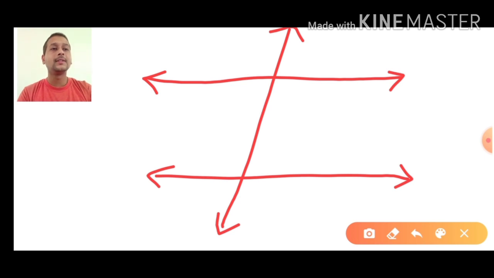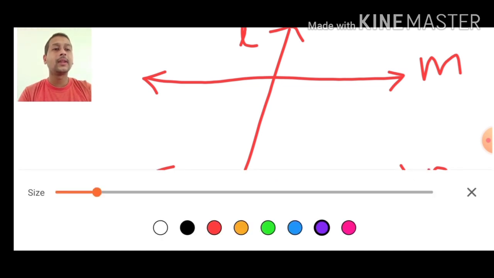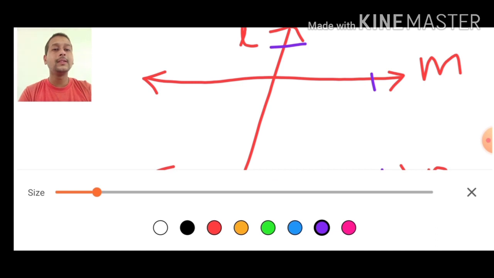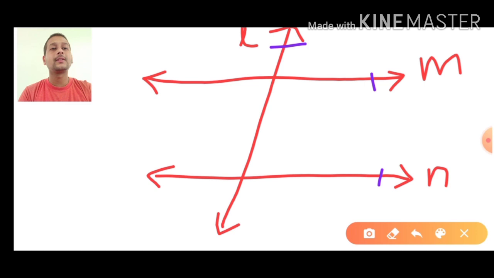Say this is M, this is N, and let this be L. Okay, now when a transversal intersects, this is the transversal that intersects two lines M and N, then the corresponding angles are equal. So this angle is equal.